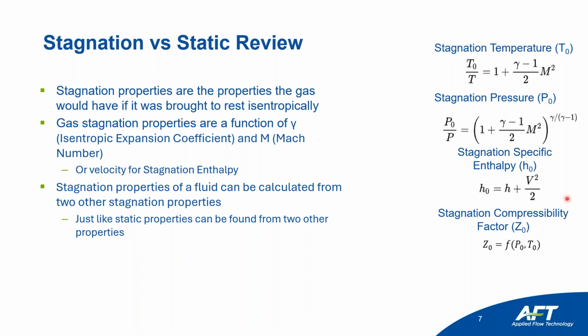So a weird stagnation property you'll see in these head calculations for compressors is stagnation compressibility factor, or Z naught. And that's just the compressibility factor at the stagnation pressure and stagnation temperature instead of static pressure and static temperature.